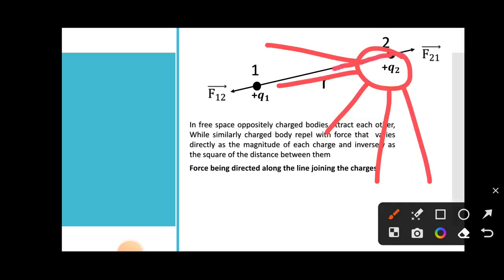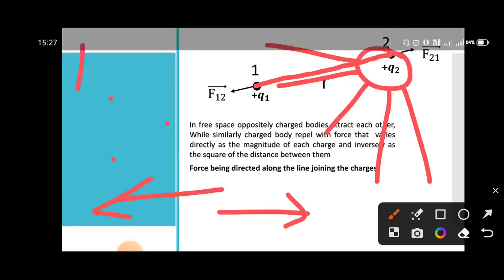So it is from Q2 to Q1 in one line joining the two charges, and the charge must be a point charge. He also said that the force on 1 due to 2 and the force on 2 due to 1 are opposite in direction but equal in magnitude.